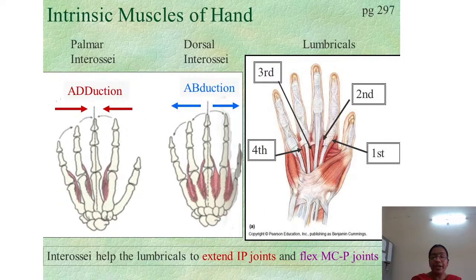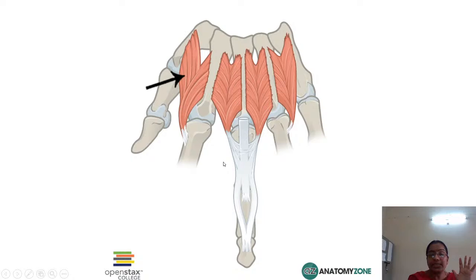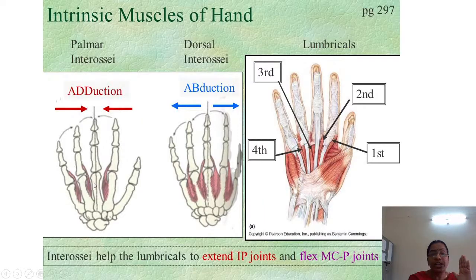When you see the action of these intrinsic muscles, the palmar and the dorsal interossei, this is the axis. This finger, what you are seeing, is the axis. So along this axis, the palmar interossei does adduction, whereas the dorsal interossei does abduction of the fingers.